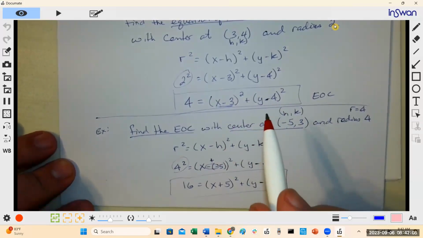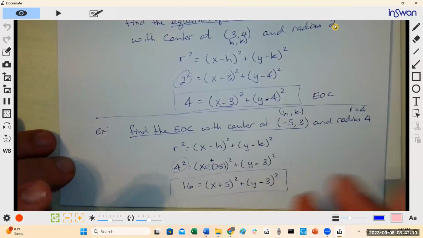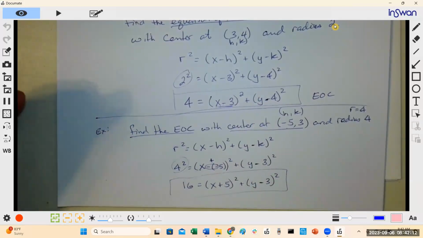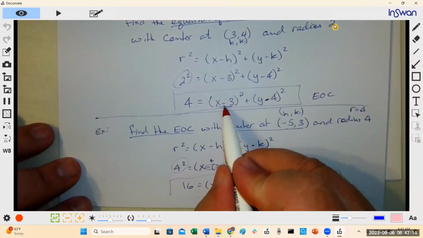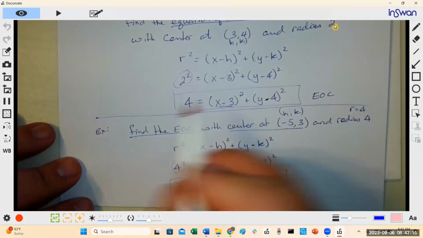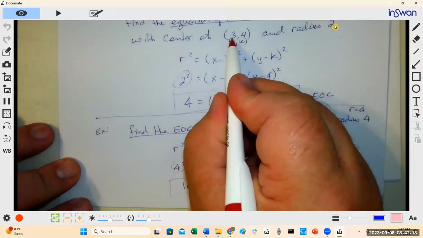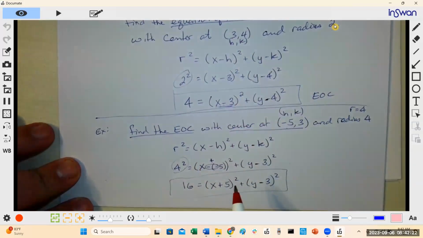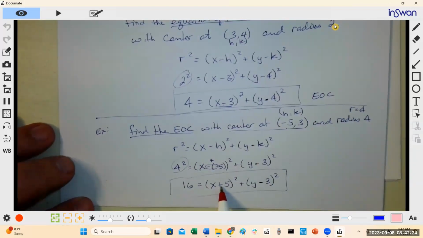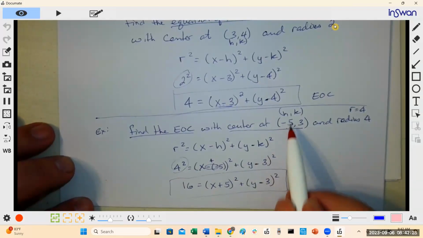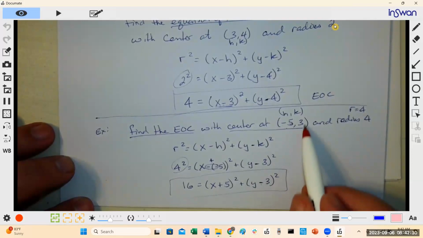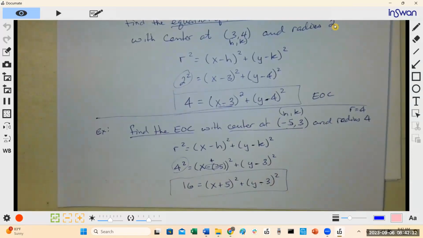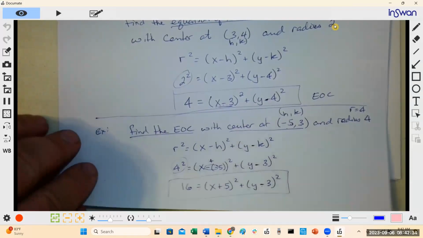The answer is always the opposite. If it's inside a parenthesis, the answer is always the opposite. So since this is -3, the answer I'm looking for the center is +3, and the y value is +4. So this is +5. The opposite is -5. That's the center. -3, so it's +3. So you can go both directions here.